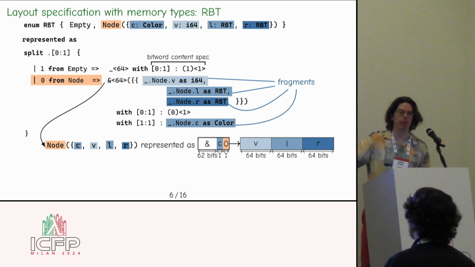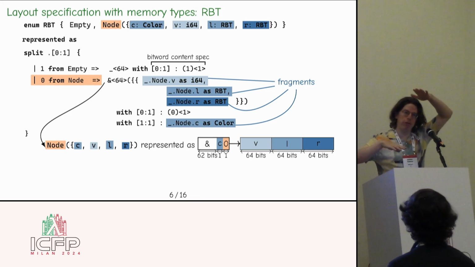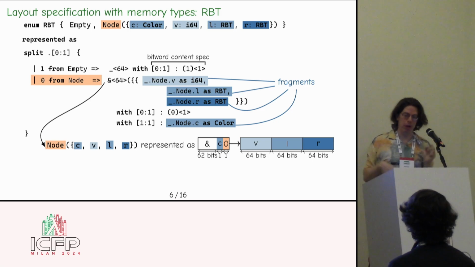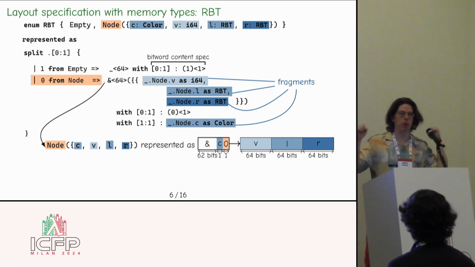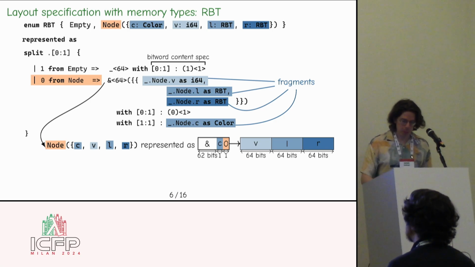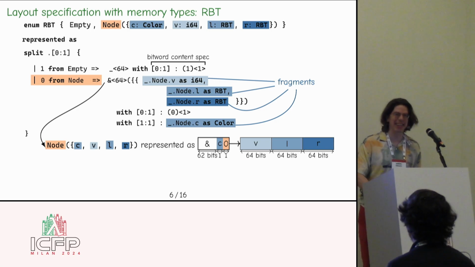You can inline two levels of trees if you want in one node and make a big flat node. You can shuffle around the fields. You can go bananas, it will work. And we actually have a proof that it works. It's not in the paper, but it's in Thaïs's thesis.